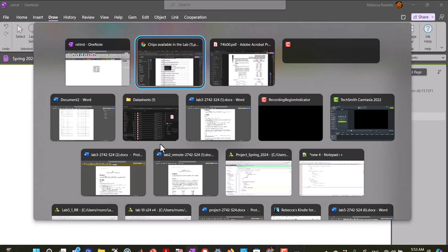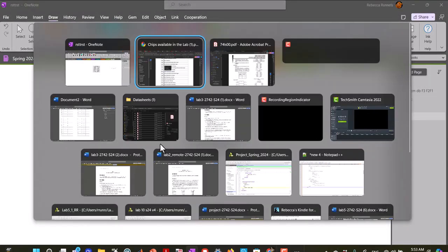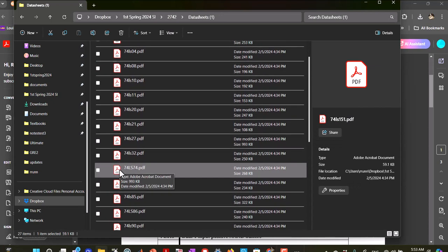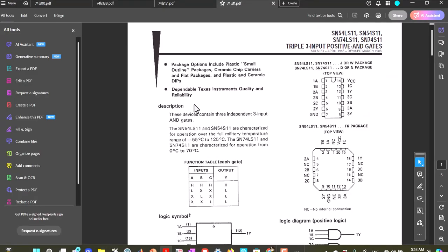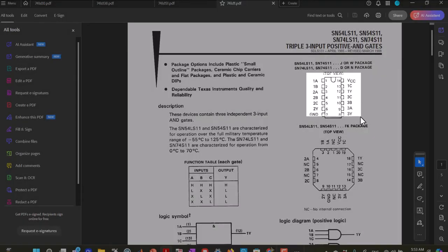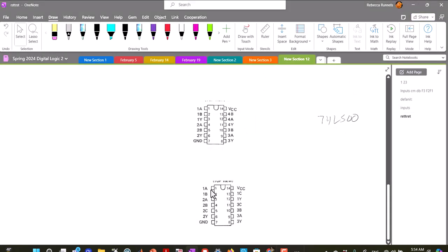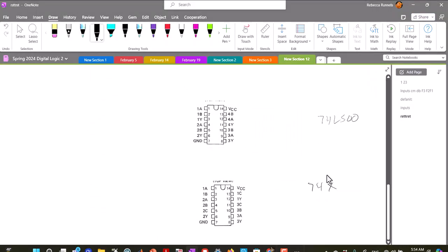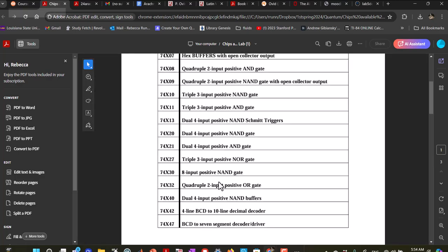This one was the 74LS00. 74X11. And then we have 74X32.